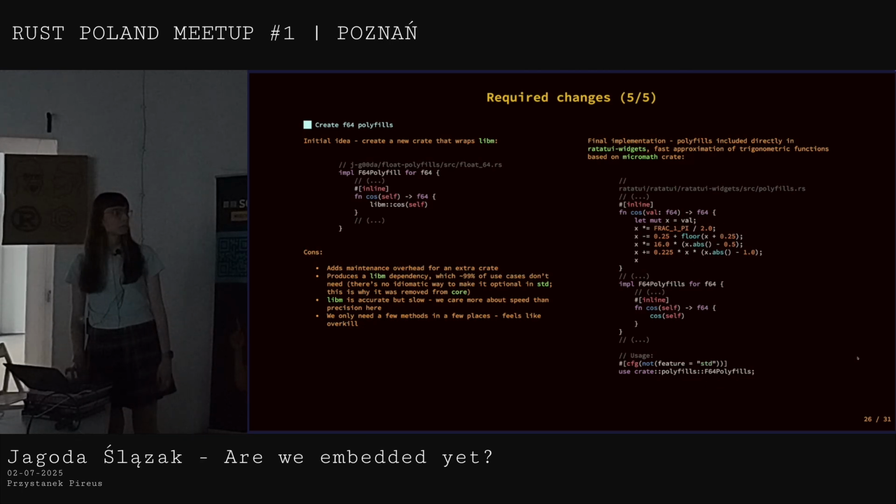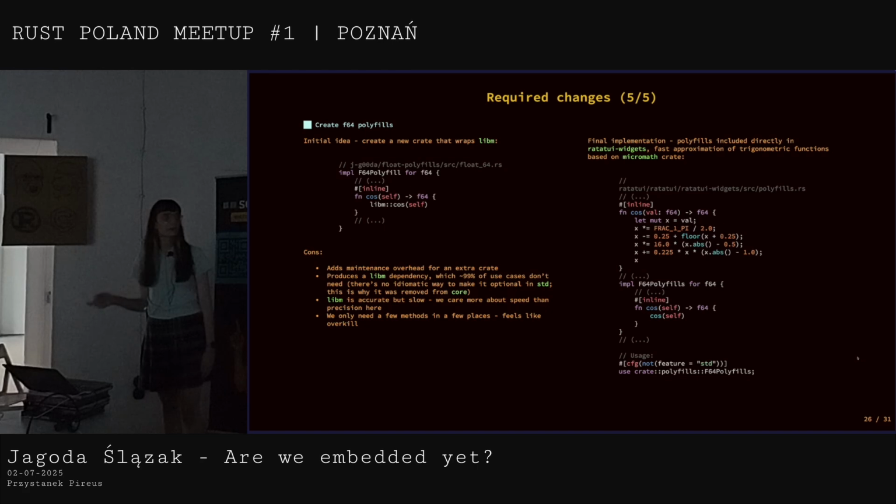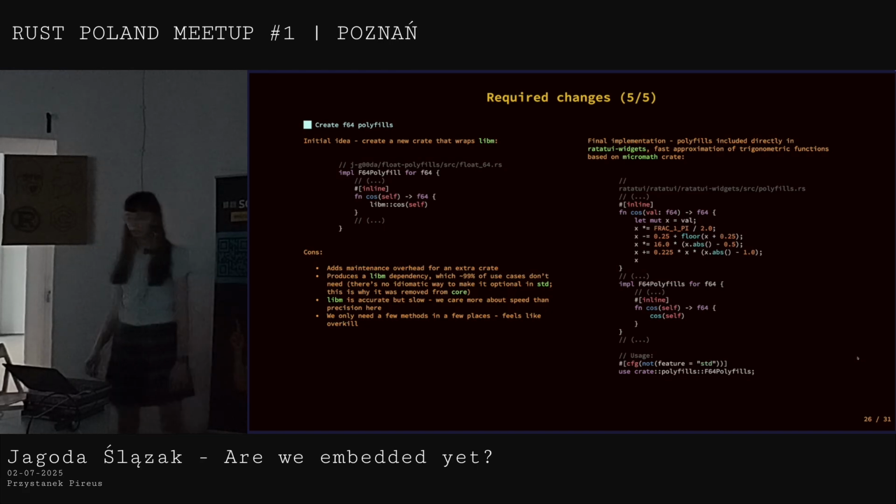Yeah, and you use it like this: you just pull this trait into scope, and you can just use cosine on f64, no matter if it's with the standard library or without, so it's great.